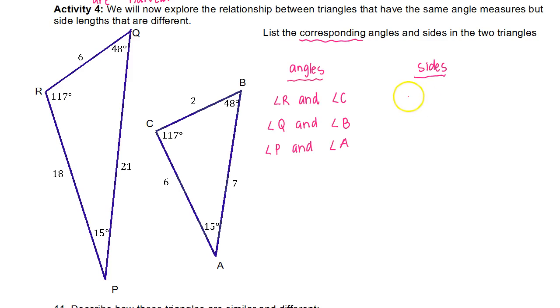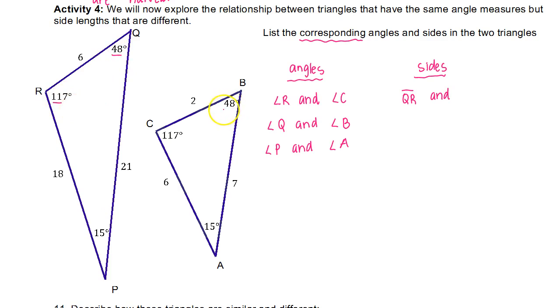So I'm going to start with the big triangle, and the side at the top that is 6 units, I'm going to refer to that as side QR, using line segment notation. And now I have to find the side in the smaller triangle that is corresponding. So side QR is the one that went from the 48-degree angle to the 117-degree angle.